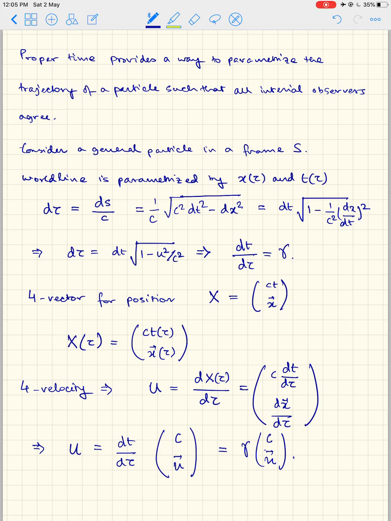So we have got something which we call a 4 velocity. This is u. So what is nice about u?